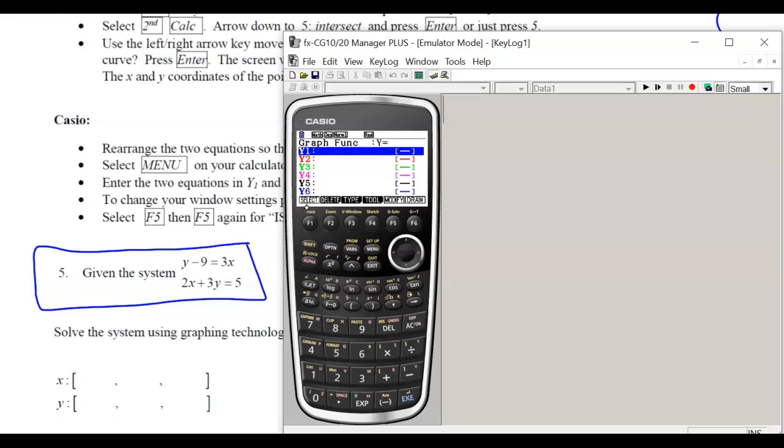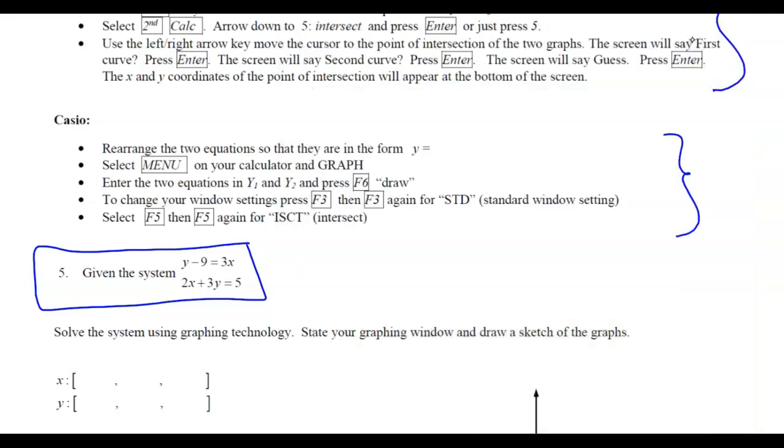So take a look. Neither of these equations have been solved for y. So we have to do a little bit of work to start. So here, this one, to get y by itself, I'm just going to add 9 to the other side. So that's going to be my y1. Then for this one, it takes a little bit more work. I'm going to bring the 2x over. So it'll be 3y equals negative 2x plus 5.